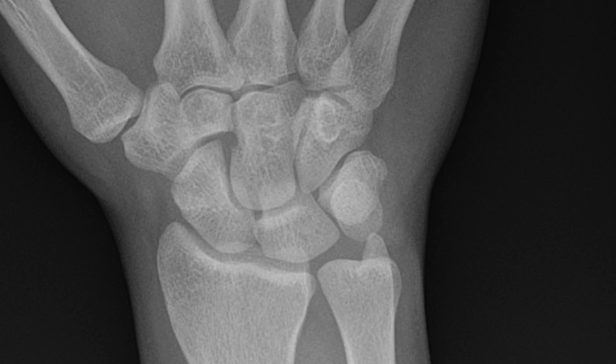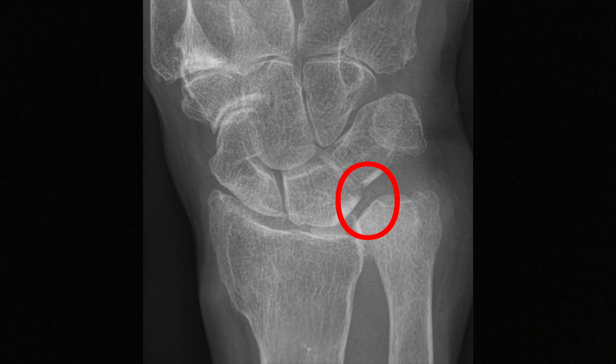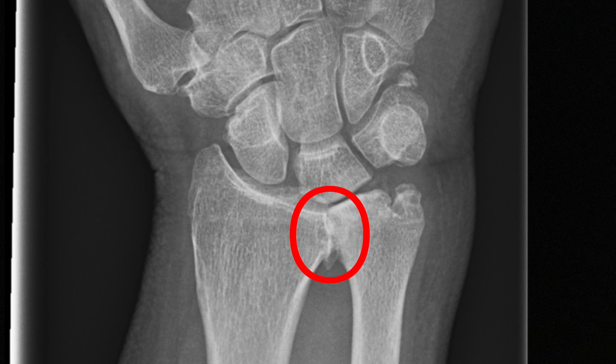Here we have a normal wrist x-ray showing the radiocarpal joint, the ulnocarpal joint and the distal radio-ulnar joint. And here we can see x-rays showing arthritis of these three joints in turn. So you can see how useful an x-ray can be to help diagnose the condition and in determining which specific joint might be involved.